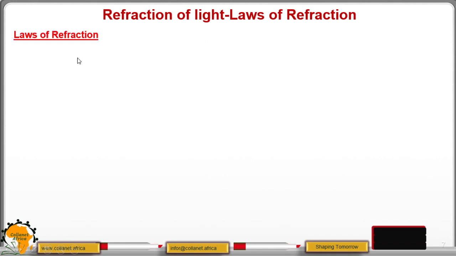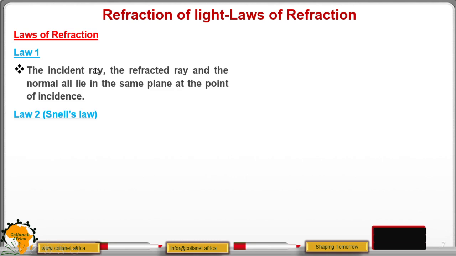Then from there, we have the laws of refraction. We have two laws. Law 1 states that the incident ray, the refracted ray, and the normal all lie in the same plane at the point of incidence.